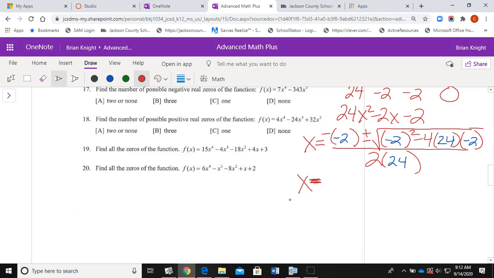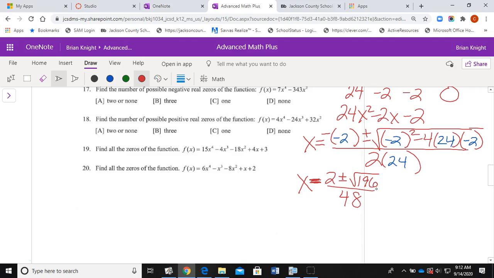What's a negative negative 2? 2. Plus or minus the square root of something over 2 times 24, which is what? 48. Now, I always do what's under the square root last. So what is negative 2 squared minus 4 times 24 times negative 2? 196.